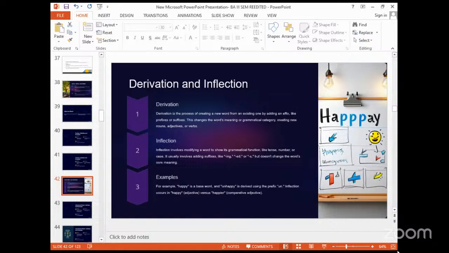Derivation is the process of creating a new word from an existing one by adding an affix, like prefixes or suffixes. This changes the word's meaning or grammatical category, creating new nouns, adjectives, or verbs. Hence the title itself suggests that there is some other word derived from derivational affixes.